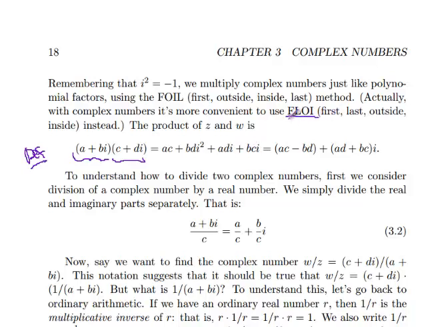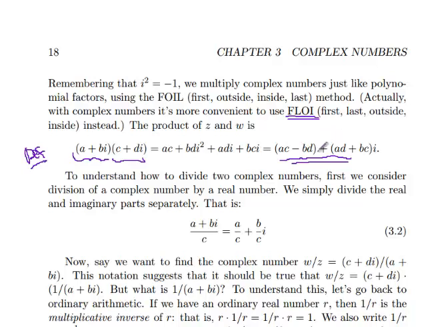Notice here that I'm saying I use FLOI instead of FOIL. You take the first and then the last and then the outer and then the inner. So this term by term expansion of this expression motivates the definition of the product of two complex numbers in this fashion. If you collect these terms and use i squared is equal to minus 1 and collect these two terms together, you would get this expression. This is how we are defining the product of two complex numbers.